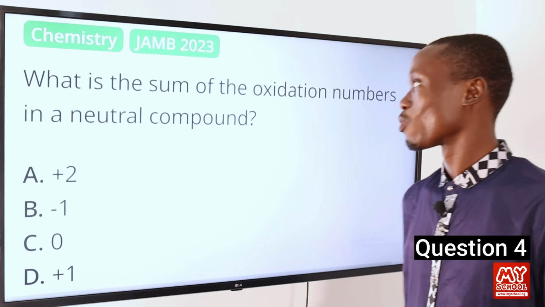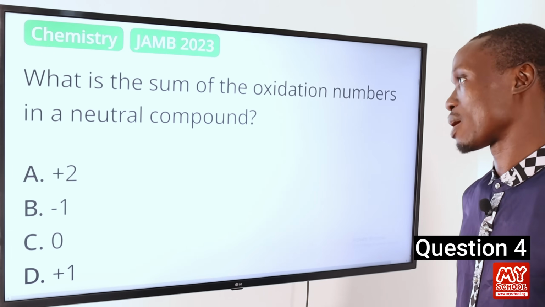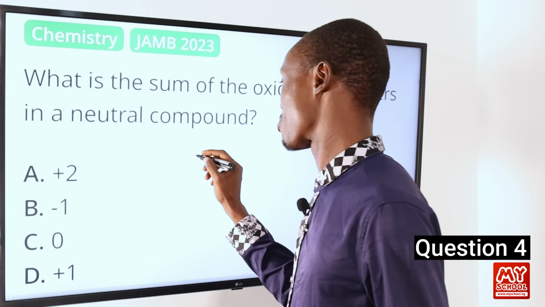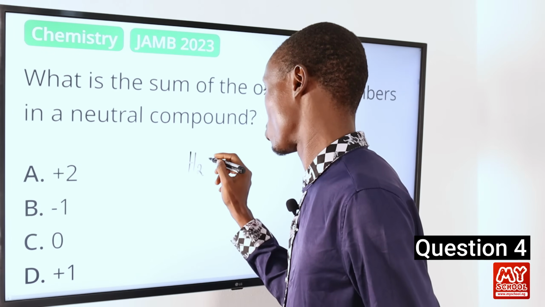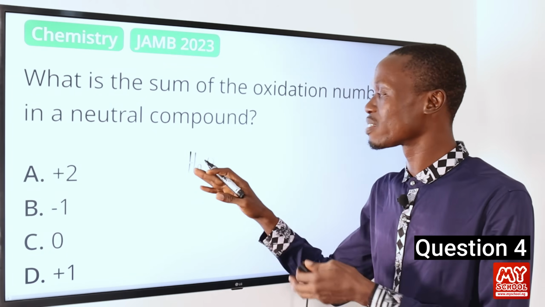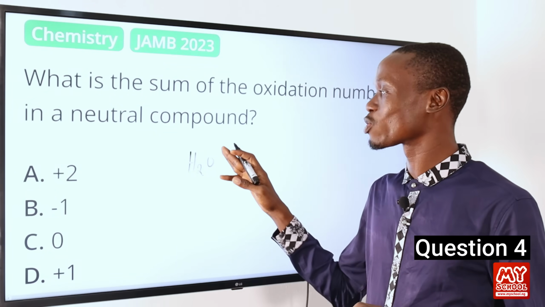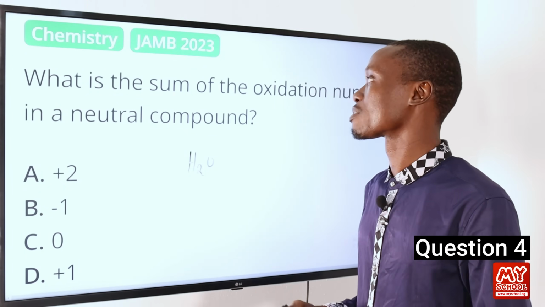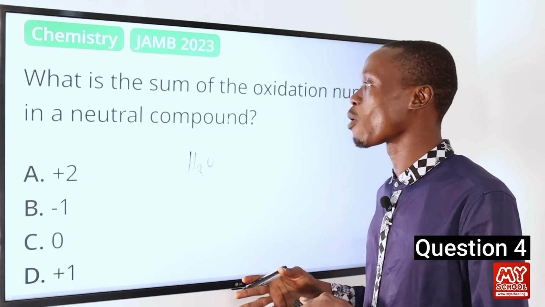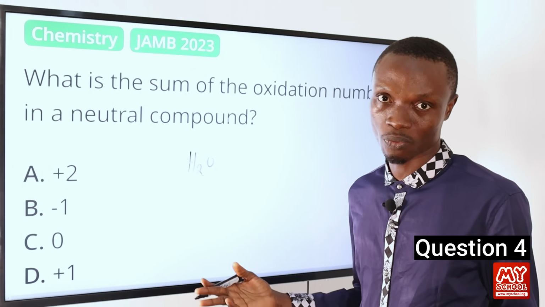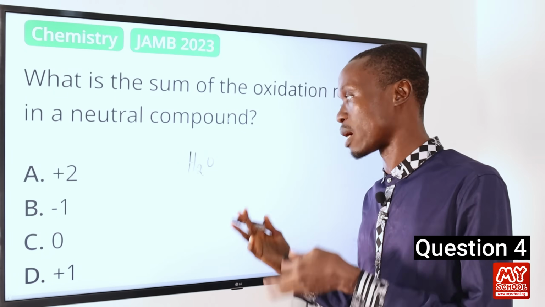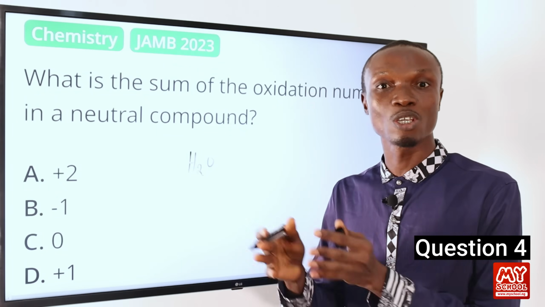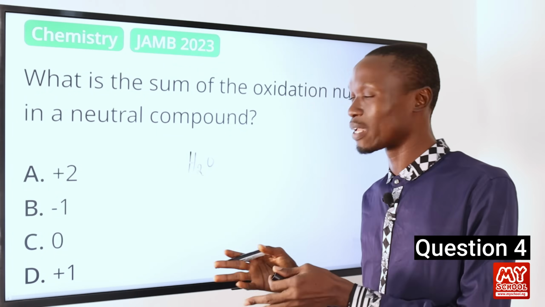Question 4. What is the sum of the oxidation numbers in a neutral compound? Let's take a neutral compound as an example, let's say water. Why is this a neutral compound? Because it is not carrying any charge. So we can say that the sum of the oxidation numbers of a neutral compound is equal to 0. Or you can as well say that in a neutral compound, the sum of the positive charges is equal to the sum of the negative charges.